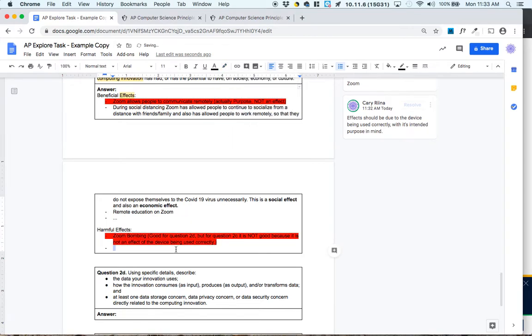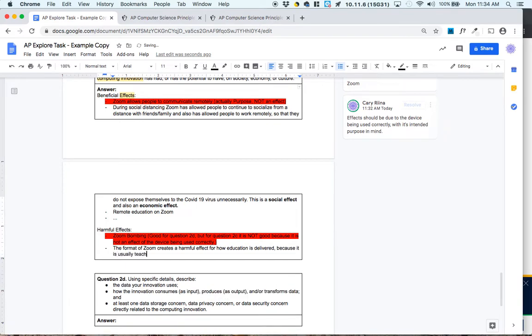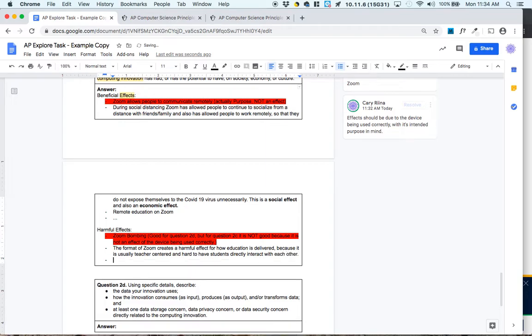So in my case, I was thinking some of the harmful effects might be: Zoom may, let's see, the format of Zoom creates a harmful effect for how education is delivered because it is usually teacher-centered and hard to have students directly interact with each other. That's not the best one, I don't think. I think we can continue to think of some more harmful effects.